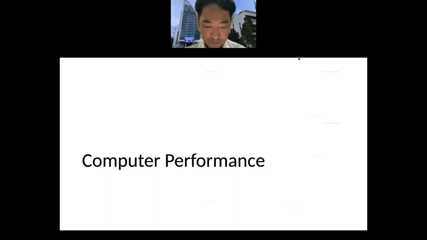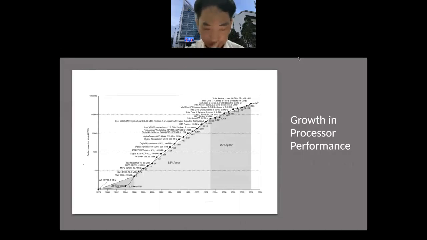Next, we are going to discuss computer performance. Here is the growth of the processor performance. You can see that in the very early days, about 40 years ago, the speed of development was only about 25% per year.